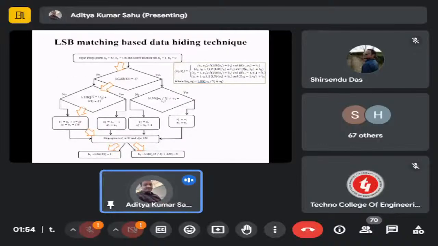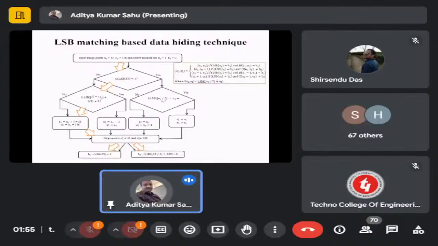Now, another popular technique for steganography is LSB matching, the least significant bit matching technique. You can see here, I have just explained an example for this technique. Suppose we have two original pixels, 32 and 128, O1 and O2.